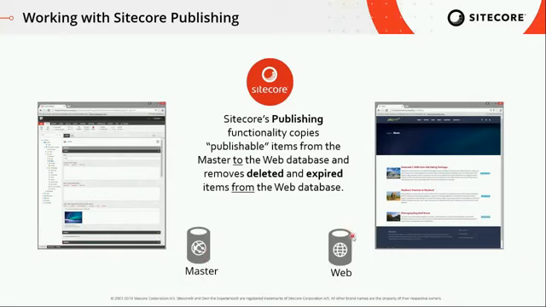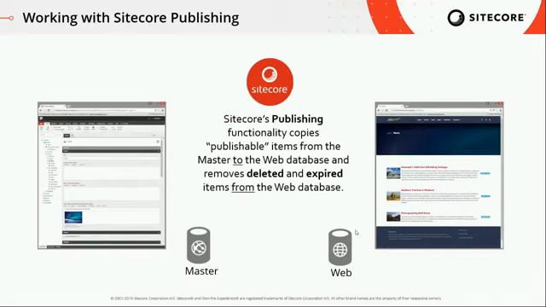Now, let me note this, that once a publishing action goes through and pushes forward information that's new to put up on the site, it also goes the other way around. The publishing function checks the web database, your target database, and looks for anything that should have been removed because the date has expired. For example, maybe you're running a special, so you have a promotional set of data that's being shown up in a particular part of a web page in a placeholder.